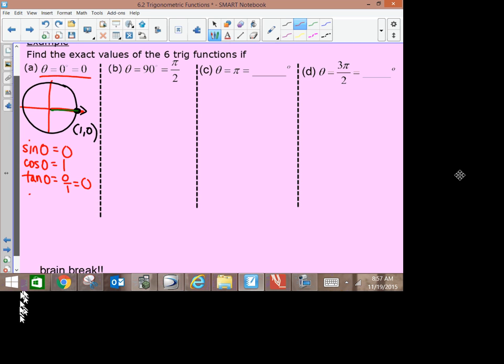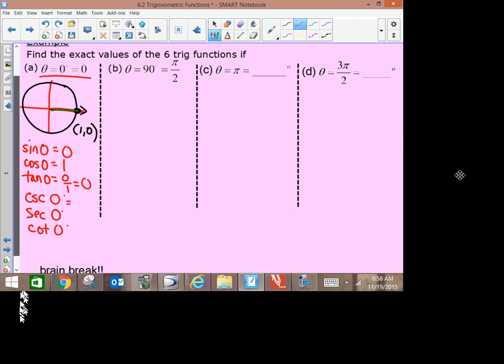All right, now I'm going to do, what's the reciprocal of sine again? Cosecant. Secant. And cotangent, sorry. I have a tendency to put my 0 up here. It wouldn't matter because 0 degrees and 0 radians are the same thing.